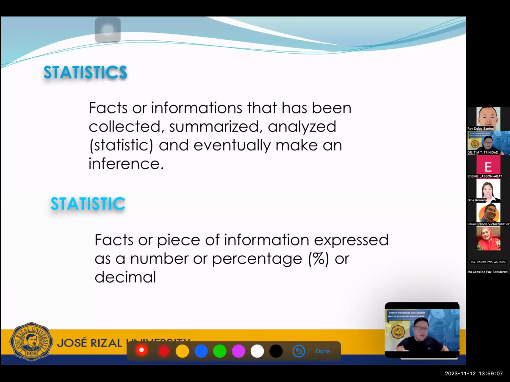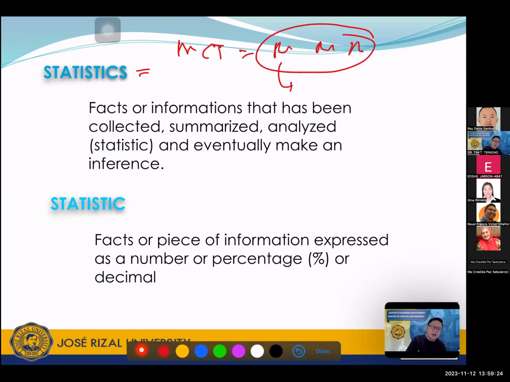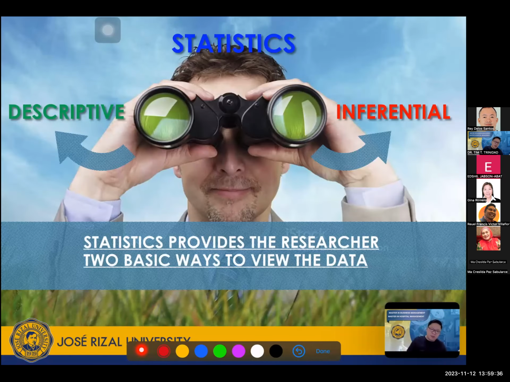While a statistic is the information expressed in numbers. Your measures of central tendency, the mean, median, and mode, are statistics. The results, the numbers that you get from them, are called a statistic without the S. So a statistic is the number, statistics is the method.